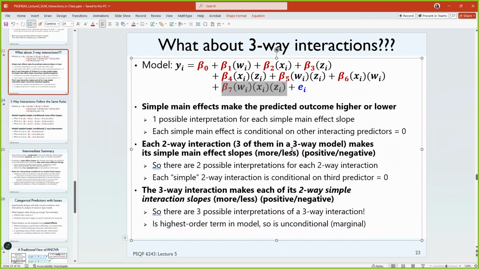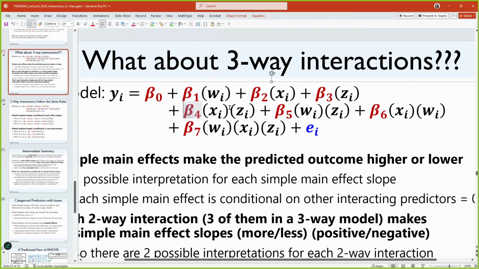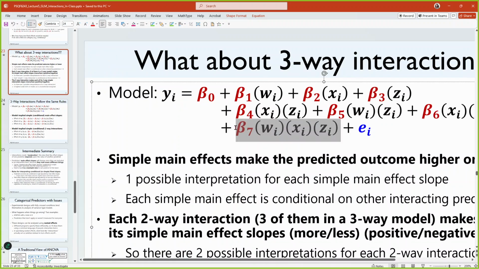So in this model, beta 4 is specific to when W is 0, because X and Z together are embedded in the three-way term. So beta 4 is conditional, because this is how X moderates Z specifically when W is 0. It does so differently as W increases. Does that help? Maybe not yet.